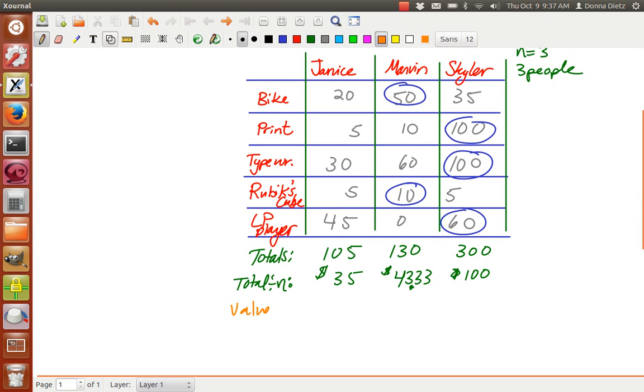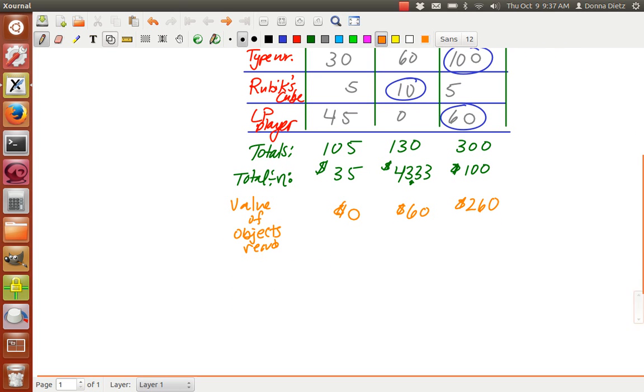Value of objects received. Okay, so the value of the objects received is $0 for Janice. Marvin is $60, and Skylar is $260. Okay, so she received $260 worth of objects, but she only deserves $100.